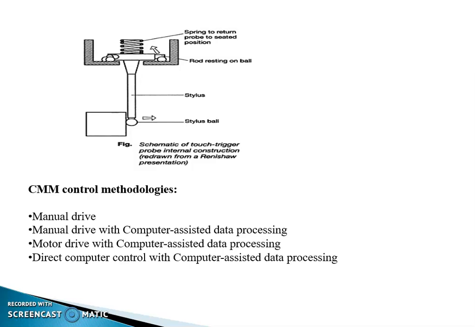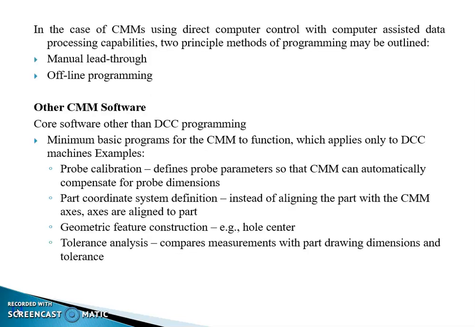This is about some control methodologies used in CMM. Next is, in case of CMM using direct computer control with computer assisted data processing capabilities, there are two principal methods of programming that can be outlined.